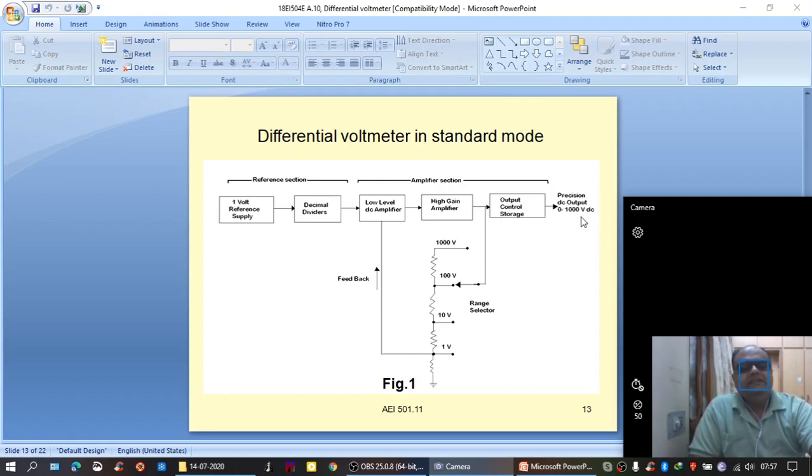When this either increases beyond 1000 volts or decreases below 1000 volts, then because of the feedback applied, correction keeps on taking place until once again this voltage is brought back to the preset value. So that is how it can be used as a standard DC source, voltage source, that is in first mode.